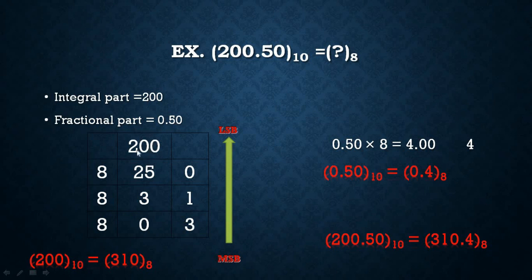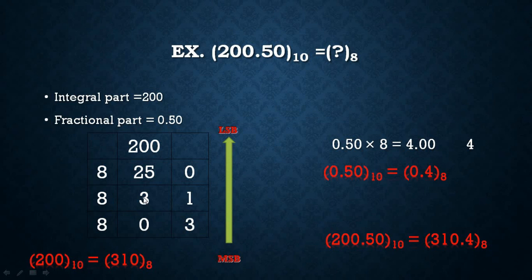So here we create a table with the first column as divisor, the second column as quotient, and the third column as remainder. When we divide 200 by 8 we get quotient 25 and remainder 0. Again we divide the quotient by 8, we get quotient 3 and remainder 1.